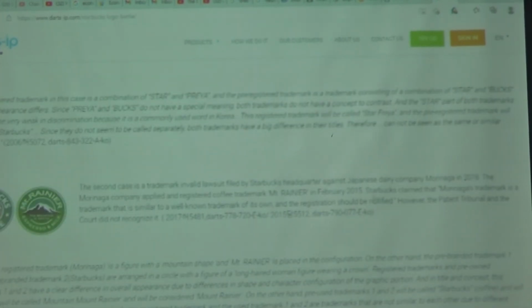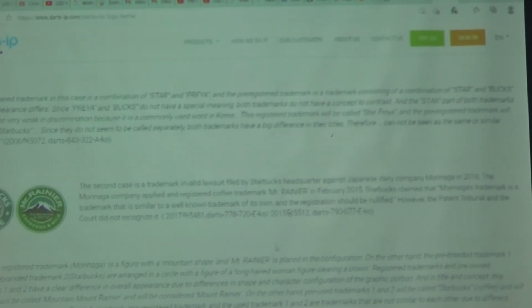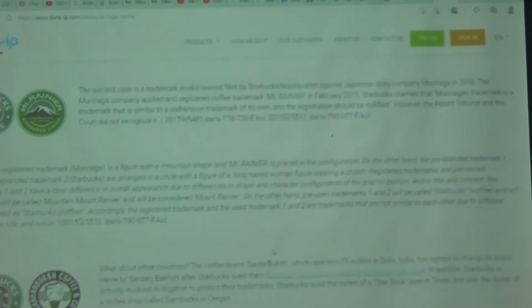They lost. The second case was against a Japanese dairy company. Starbucks claimed that it's too similar. Did they win? It's a mountain, blah, blah, blah, it's not the same. But this one is the best one.